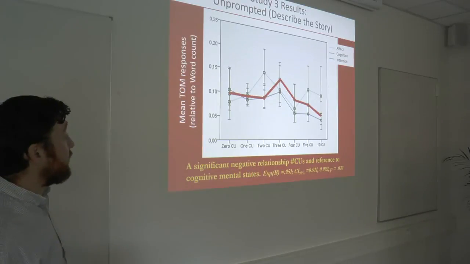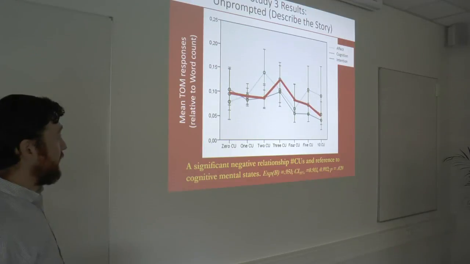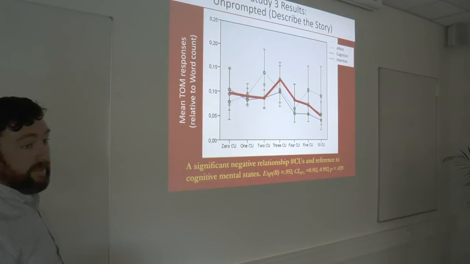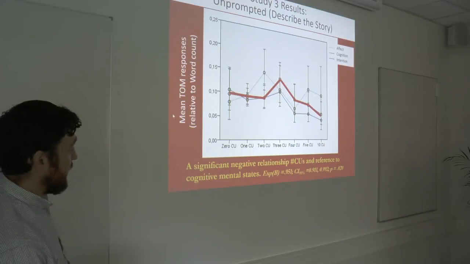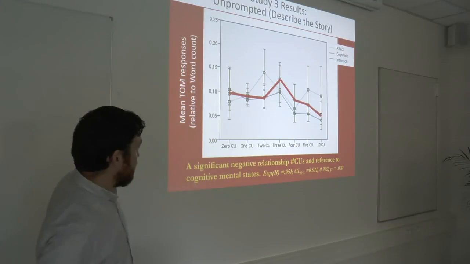In fact, it appears to be a positive relationship to a point, this tipping point, beyond which it looks like there's a negative relationship between the number of close-ups and theory of mind responses. So participants in the 10 close-up condition had much lower theory of mind than, for example, in the 3 close-up condition.